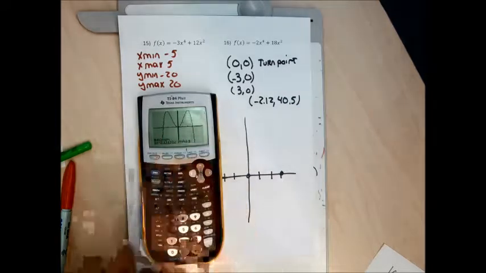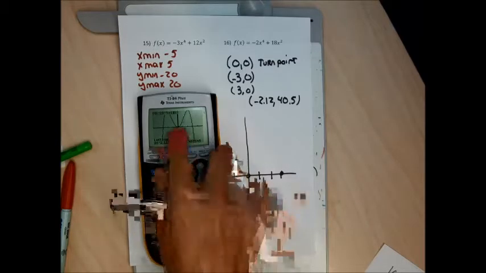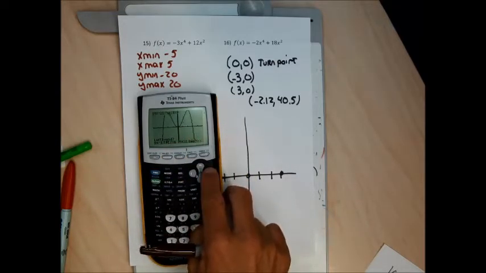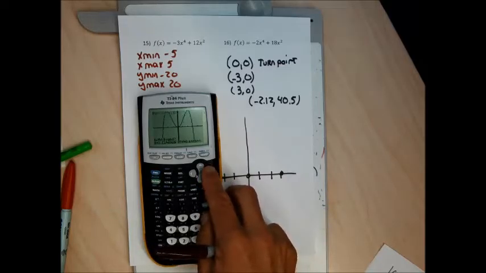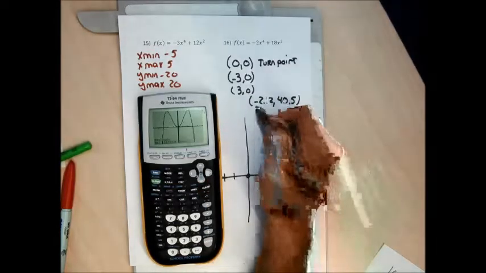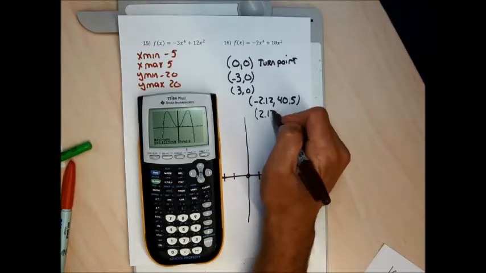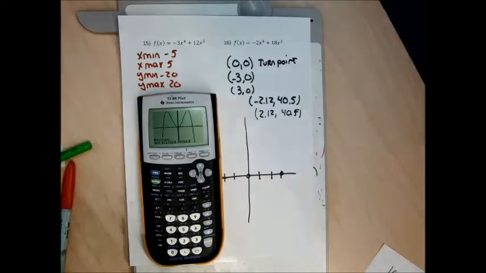Now I'm going to go over here and do that one. Second calc maximum. I don't need that one. That's (0, 0). Hit enter, right around, enter, and enter. That's going to be (2.12, 40.5). So those are the 5 points I need to plot.